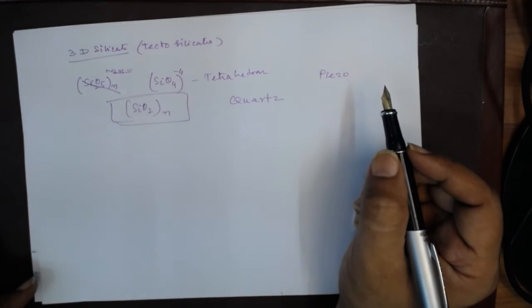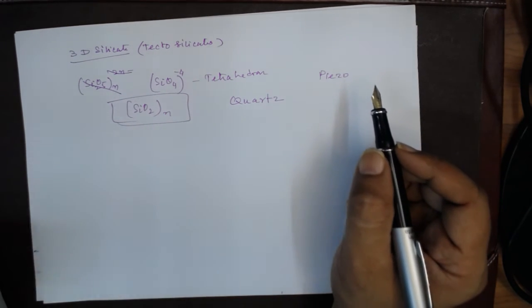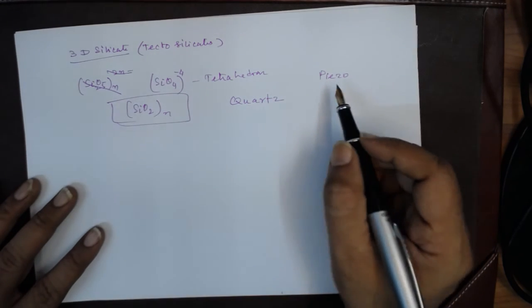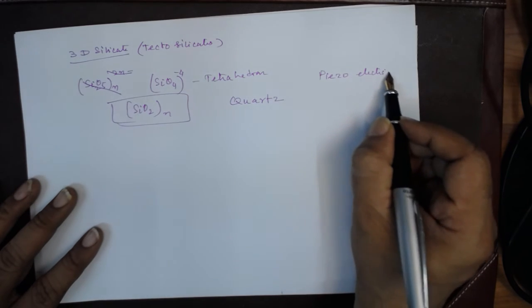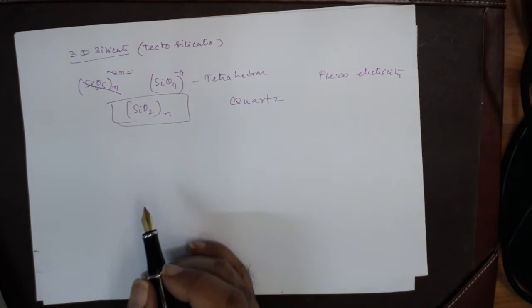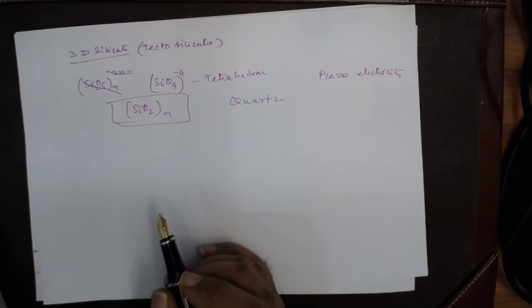And that is a crystal which is embedded in the watches, and that is why it's called quartz watches. The current obtained by vibrating the quartz is called piezoelectricity. Piezo current, you can say.